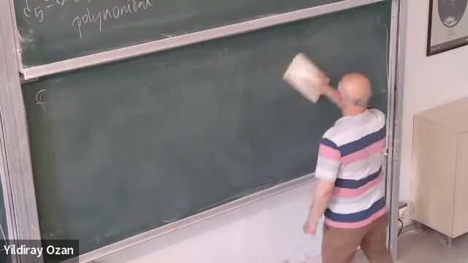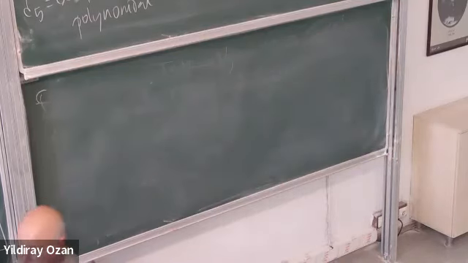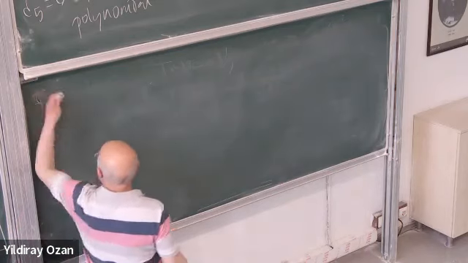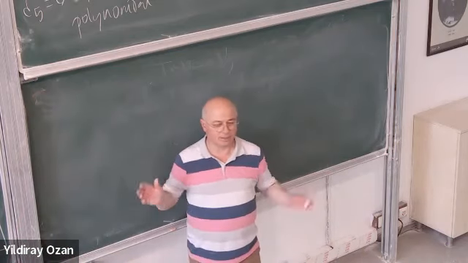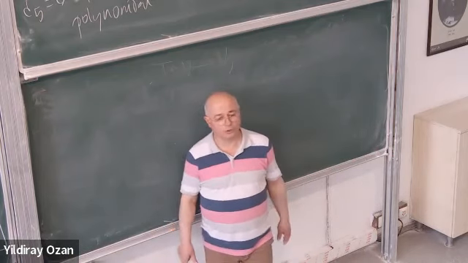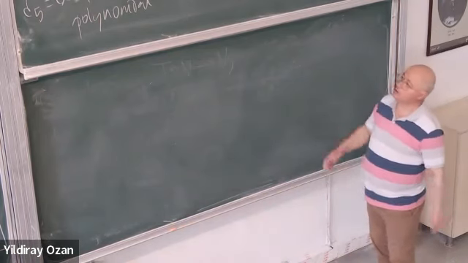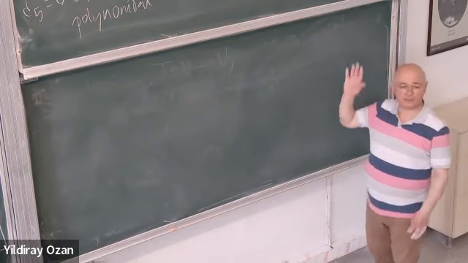I will not give the algorithm in general, because if I do that, it will look so complicated. It will be something theoretical junk, and it won't be useful. Instead, I will explain to you how to find this basis on this example.